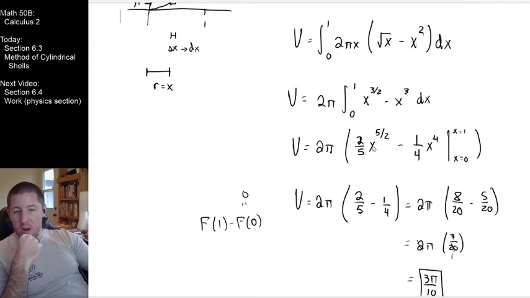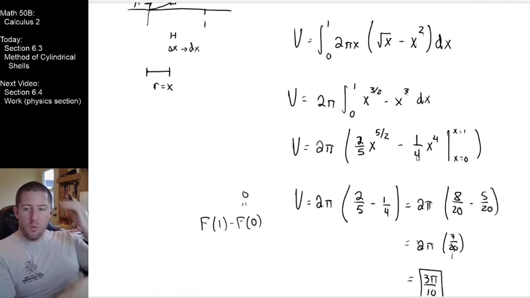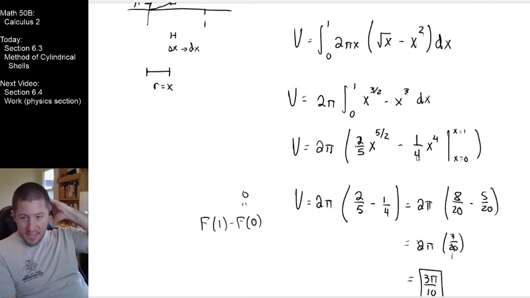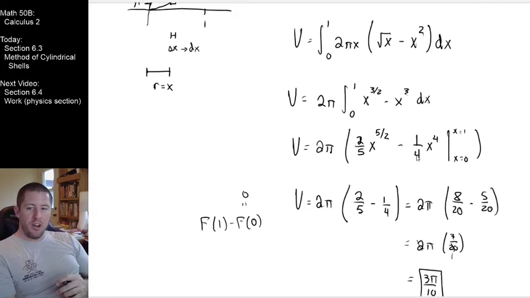When I plugged in 0, 0 to a power is 0, so that goes to 0. 0 to a power is 0, that goes to 0. Plugging in 0 left me with nothing. Plugging in 1 into our antiderivative only left me with those two coefficients. So 0 and 1 are very typically like the nicest possible bounds of integration you're ever going to get, especially with polynomial and root functions, just because it just washes some stuff away.